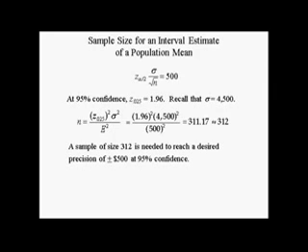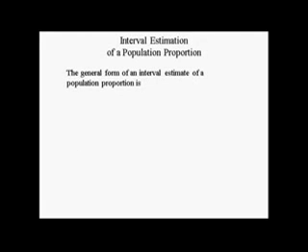A sample size of 312 is needed to reach a desired precision of plus or minus 500 at 95% confidence. If we use a sample size of 311 or smaller, the margin of error will be more than $500 at 95% confidence.